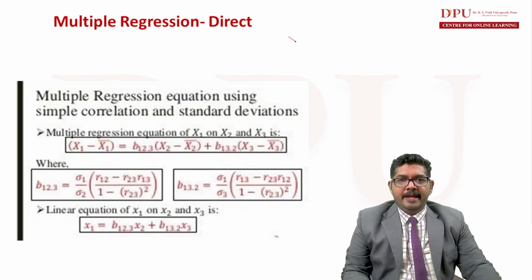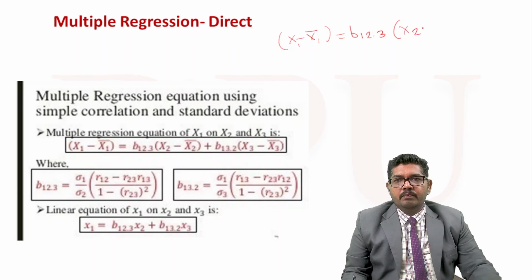This is x1 minus x1 bar, equal to b12.3 multiplied by x2 minus x2 bar, plus b13.2 multiplied by x3 minus x3 bar.